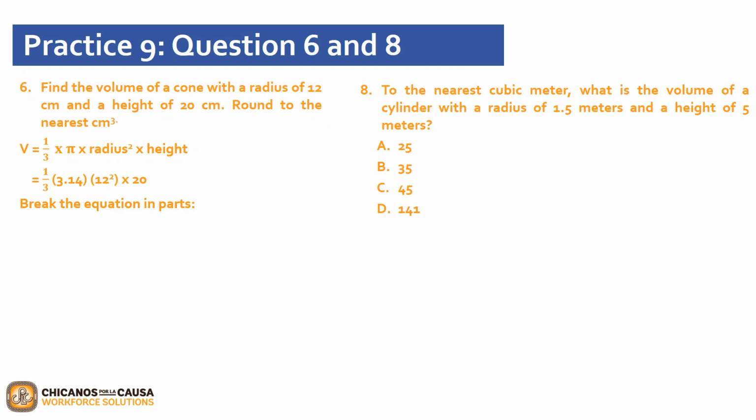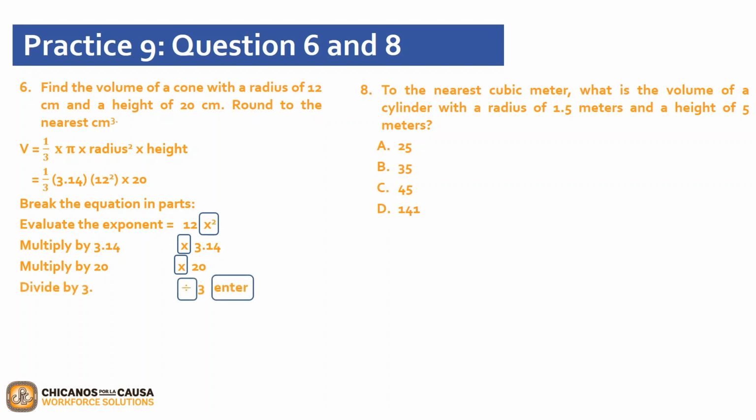In this case, it's going to be 12 x squared. And then you're going to multiply by pi, which is 3.14. And then you're going to multiply by 20. And finally, divide by 3 and press enter on your calculator, which will give us an answer of 3,014 cubic centimeters.